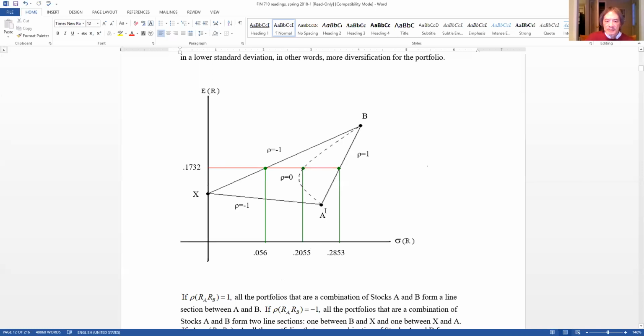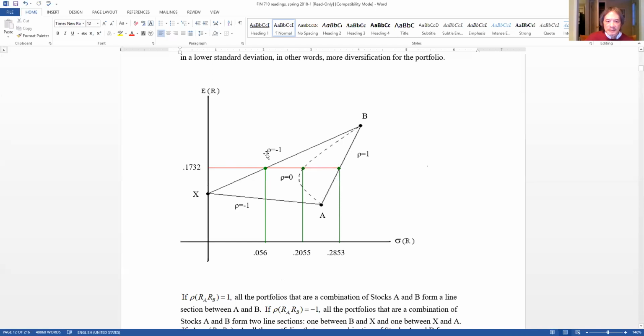If the correlation between A and B is 1, then all the combinations between A and B would form this line section. And with the weight for A equal to 0.5 and the weight for B equal to also 0.5, we are at this portfolio here with this expected return and this standard deviation.